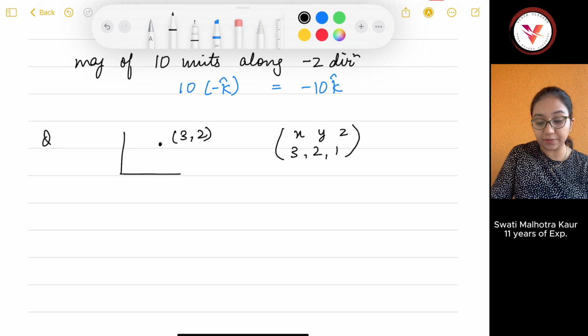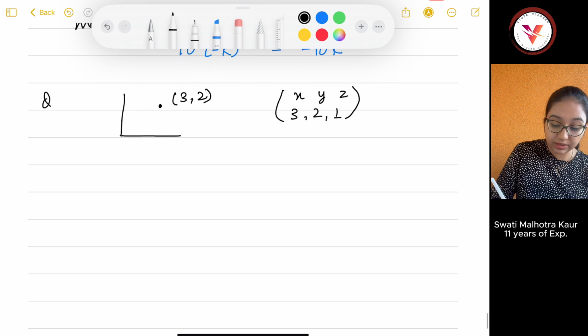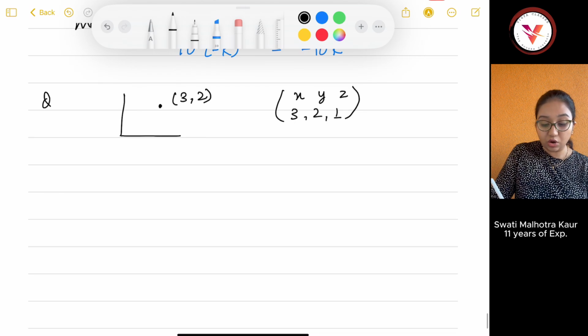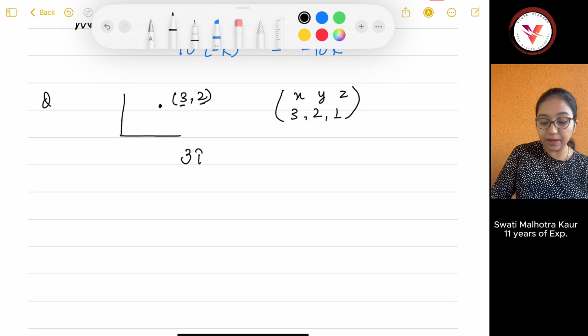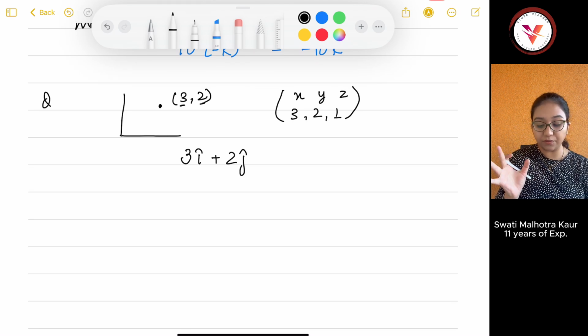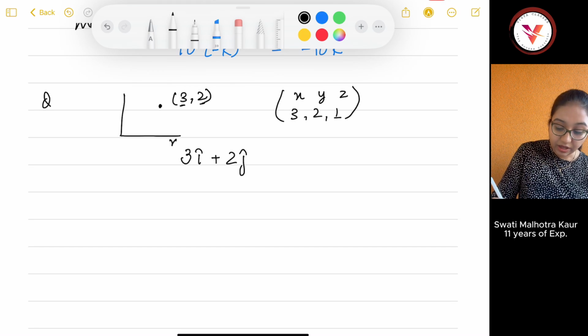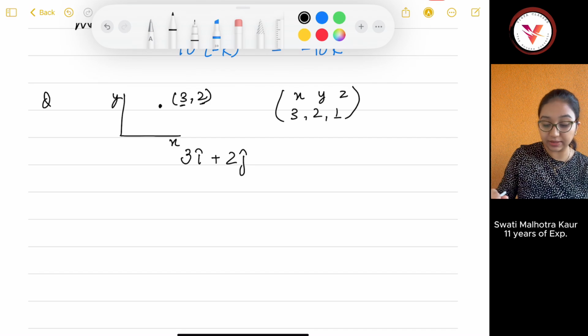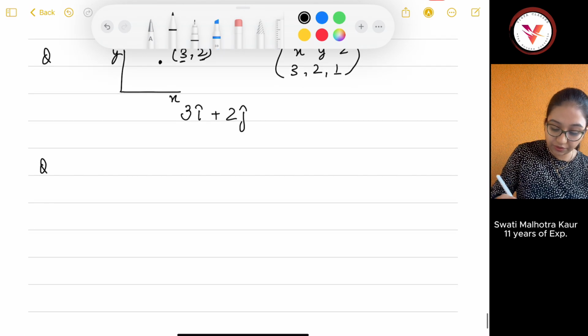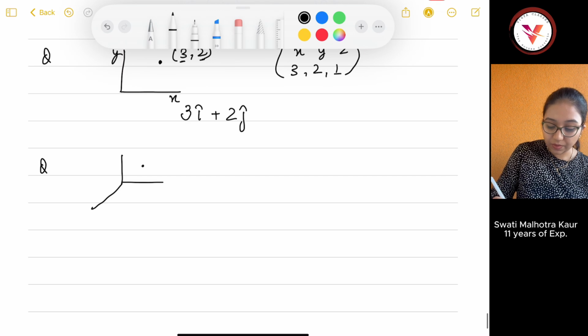That means it has a component of 3 along x-axis and a component of 2 along y-axis. So how can you write that? 3 i cap plus 2 j cap. Okay, so it is somewhere there in the xy plane where it has a component of 3 along x-axis and a component of 2 along y-axis. And suppose if it is in a 3D plane, a particle is at, like, 1 comma 2 comma, let's say, minus 2 comma plus 3.